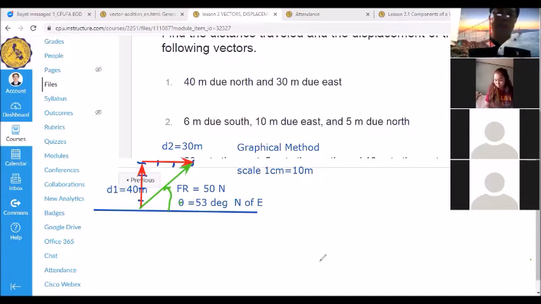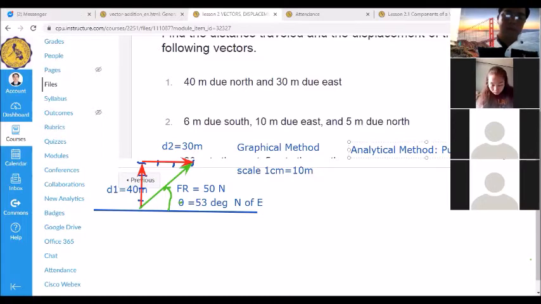What's our analytical approach? The analytical method will involve the Pythagorean theorem.